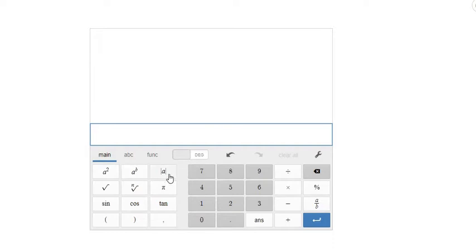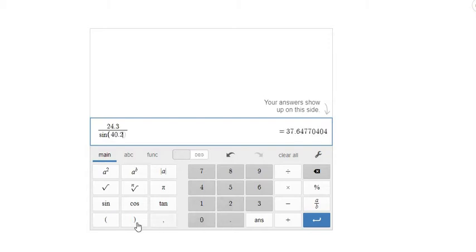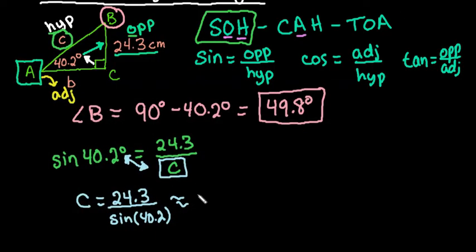Then you would simply plug it in: 24.3 divided by sine 40.2, and make sure you close your parentheses afterwards. We can see that this is our answer, 37.65. I'm just going to round to 2 decimal places, so this would be approximately 37.65, and don't forget your units, centimeters.